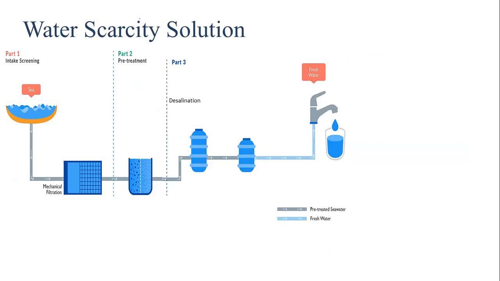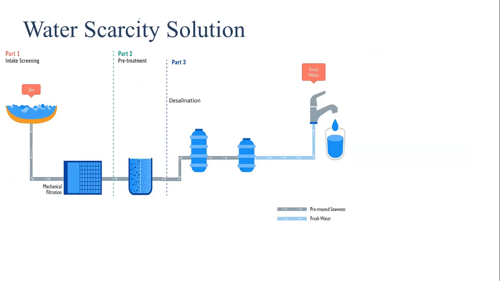And this is a general scheme of the desalination process. It starts from part one, taking the water from the sea and mechanically filtering it to remove solid waste. After that, it is pre-treated for any microorganisms or other contaminants.